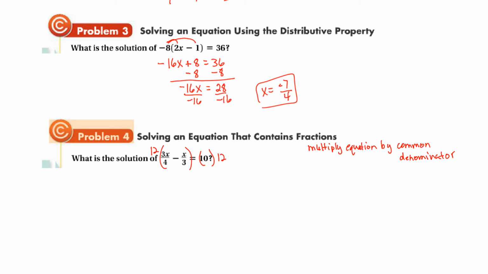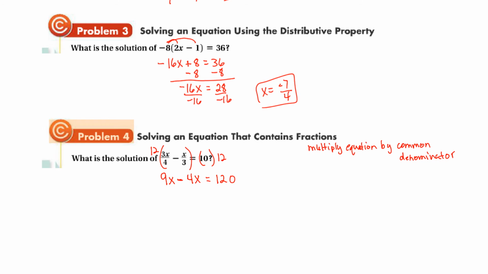If I multiply 12 times 3/4, that gives me 9x. If I multiply 12 times 1/3, that gives me 4x. And I have my minus there, so 9x minus 4x equals, and 12 times 10 is 120.